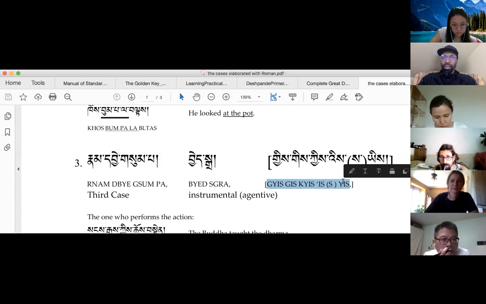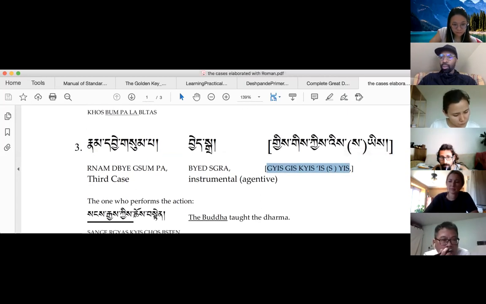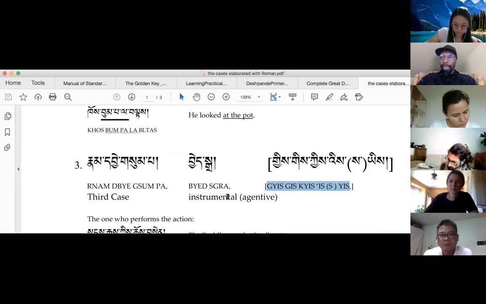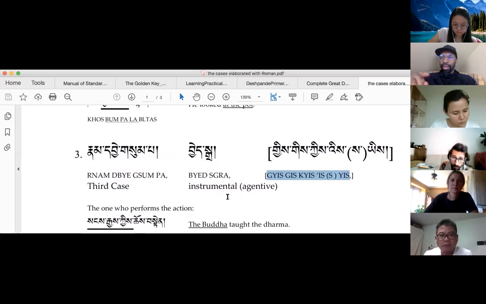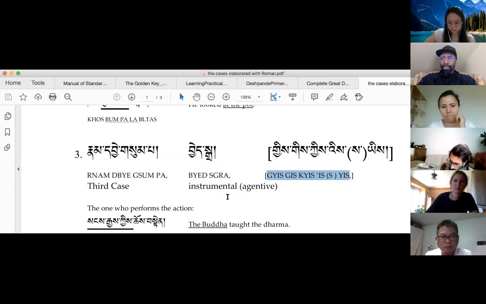This sentence could be translated either of those ways. One is the passive voice and one is the active voice, which is a whole other discussion. In this sentence, the Buddha is the subject, and the Dharma is the object. Okay, thank you.